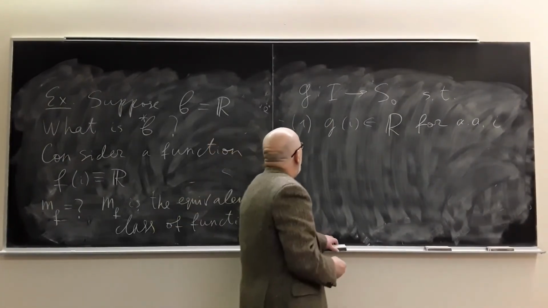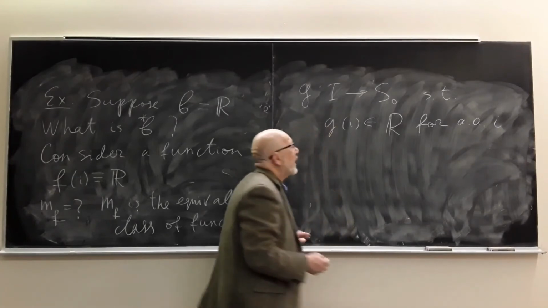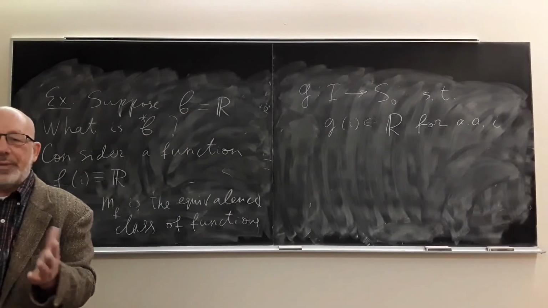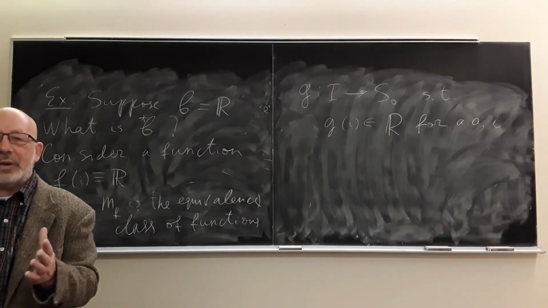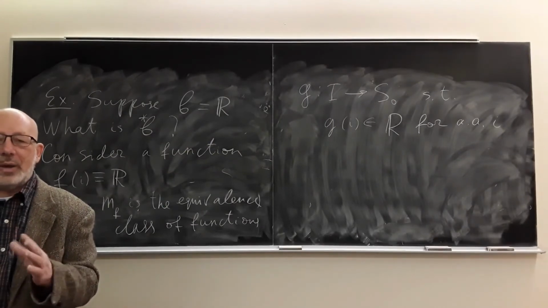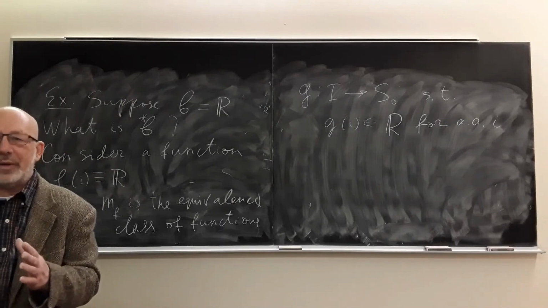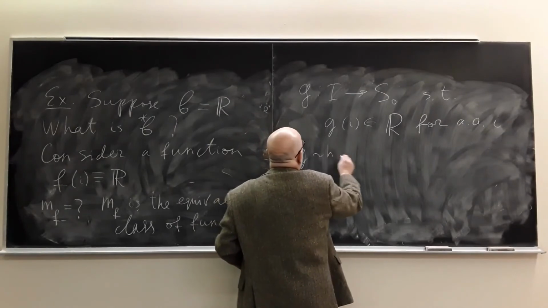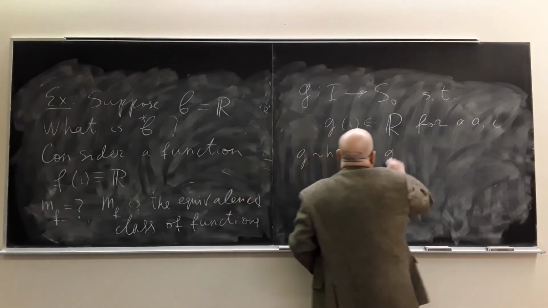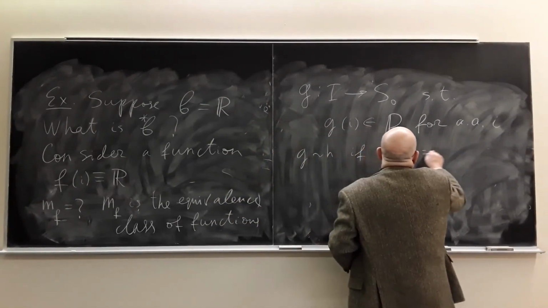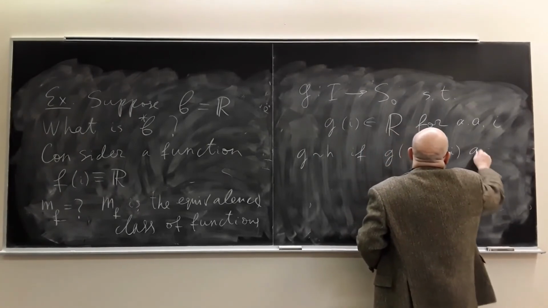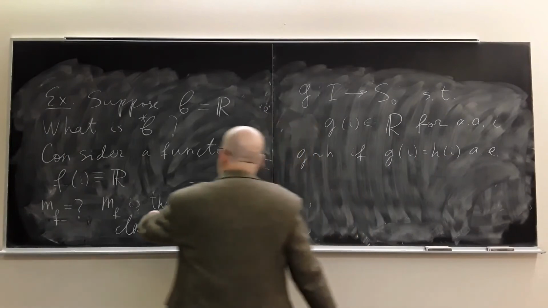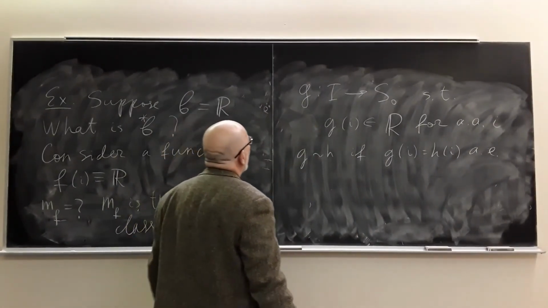And equivalence class, by this relation, the two functions are equivalent if they coincide almost everywhere. So G is equivalent to H if G of I equals H of I almost everywhere. And so it is a set of equivalence classes of functions.